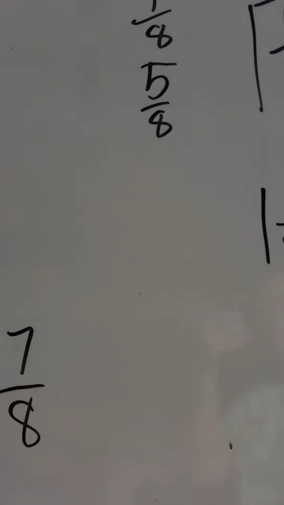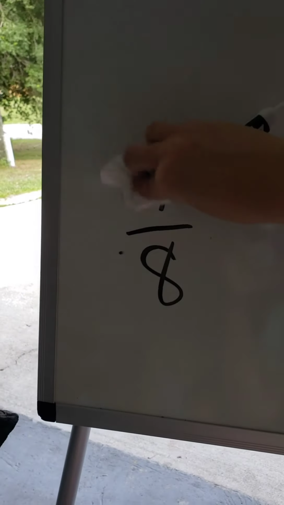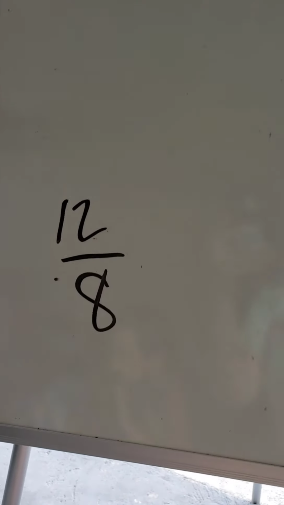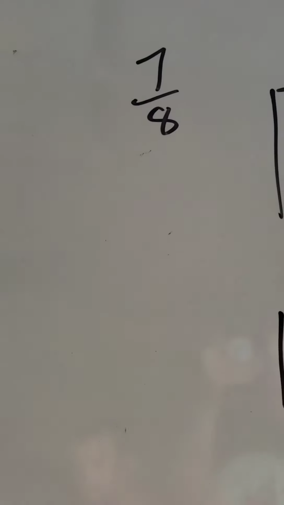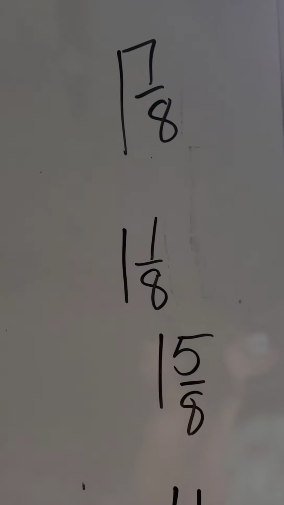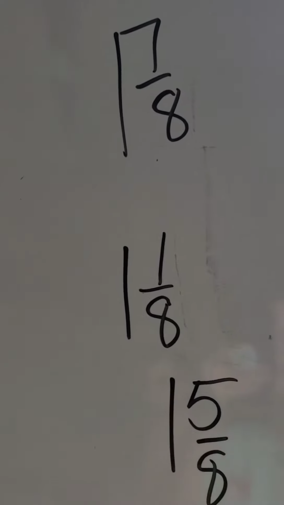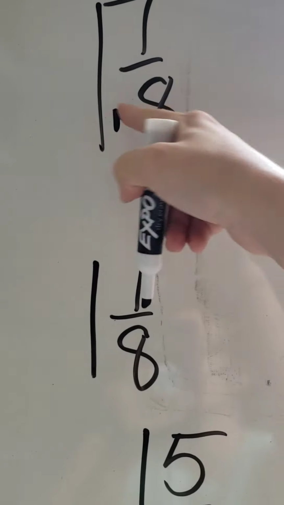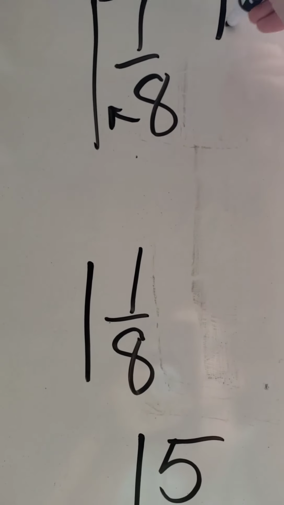Erase it as we go. 7/8 plus 5/8 is 12/8. 12/8 plus 7/8 is 19/8. Now we got to turn these into improper fractions. 8 times 1 is 8, plus 7 is 15.